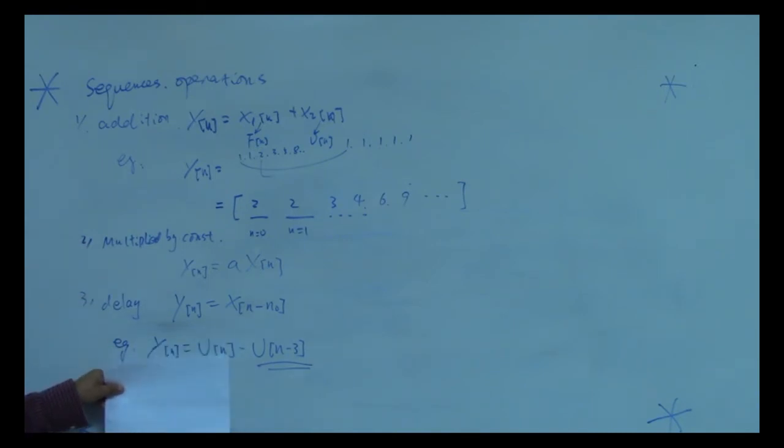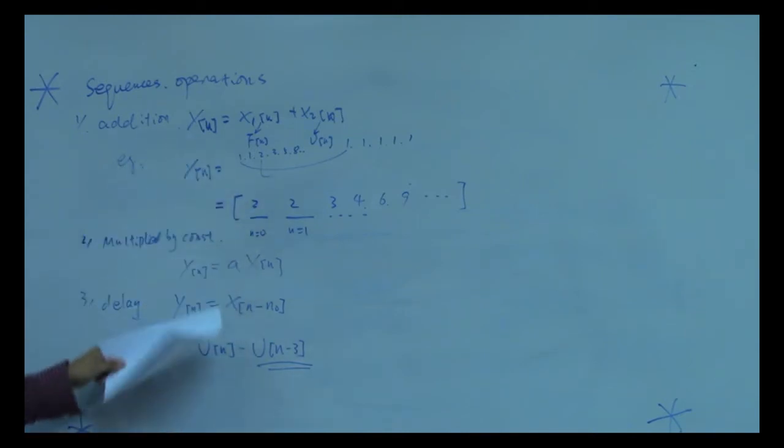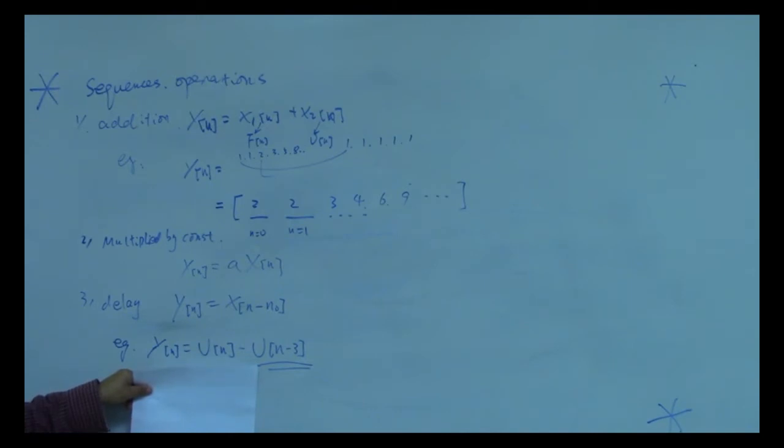Okay, now we combine this one. We subtract. Subtract is a special case of addition. So add this one minus this. Can you imagine what we have? How many non-zero values do we have? First one you do this, u[n minus 3]. It's just 1, but it starts at 3.